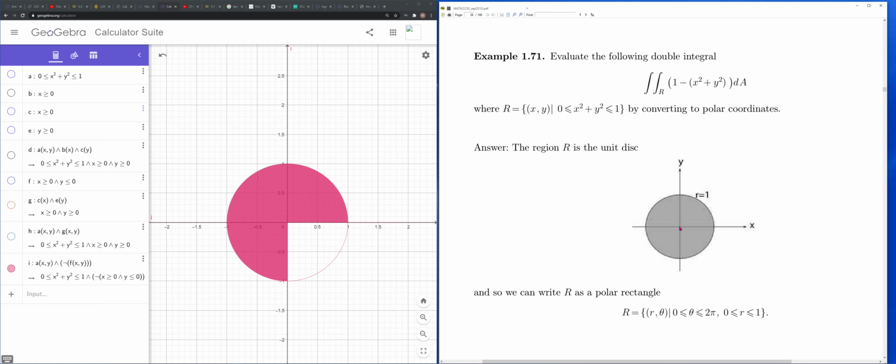The first one is theta equal to 0, and then you go right around and come back to theta equal to 2 pi. Once you see theta going between 0 and 2 pi, it means you're going right around the circle and coming back.